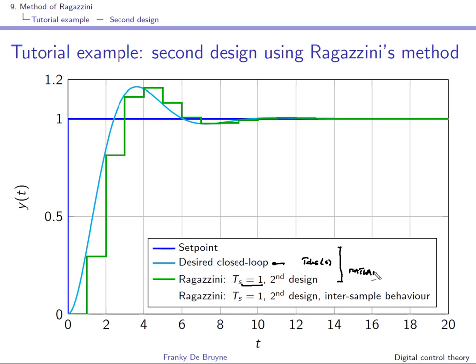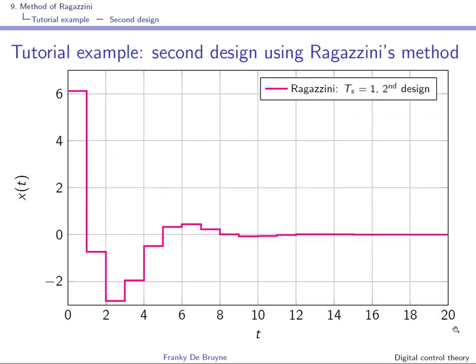If you go and have a look with Simulink, you can see the intersample behavior, and this is what you obtain. And this time you can see that everything is okay. The continuous time response, so the intersample behavior, is precisely as expected.